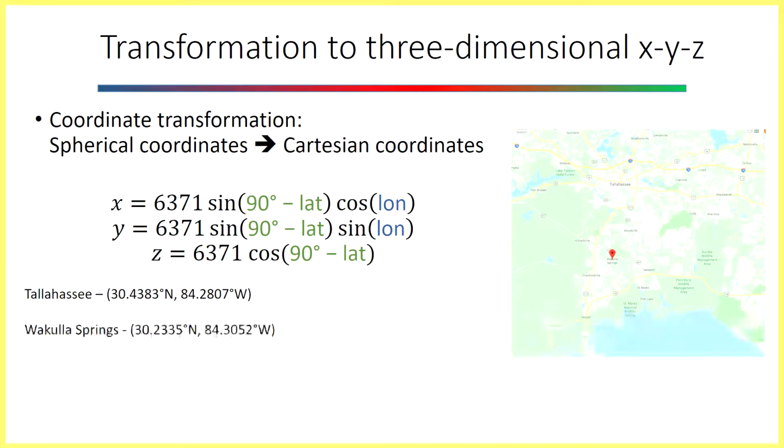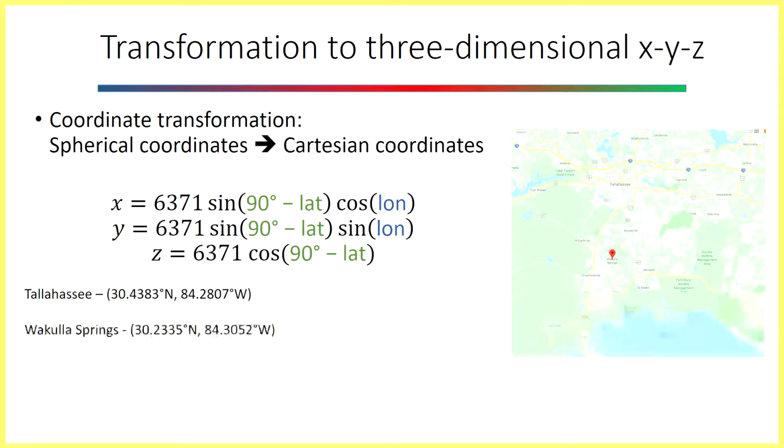Well, the coordinates for Tallahassee are 30.4383 degrees north and 84.2807 degrees west. And the coordinates for Wakulla Springs are 30.2335 degrees north and 84.3052 degrees west. Alright, let's plug each of these into our equations.